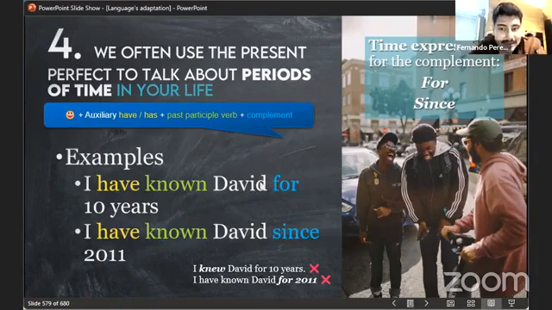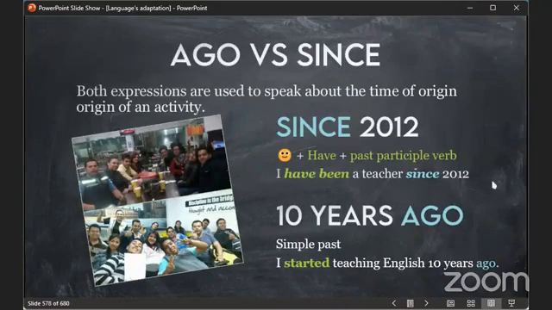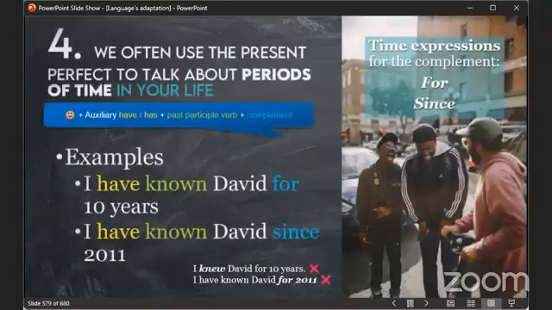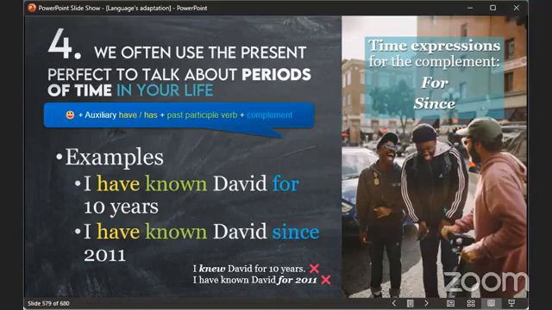For and ago are independent. It's since. 20 years is a period of time. Look at the example.